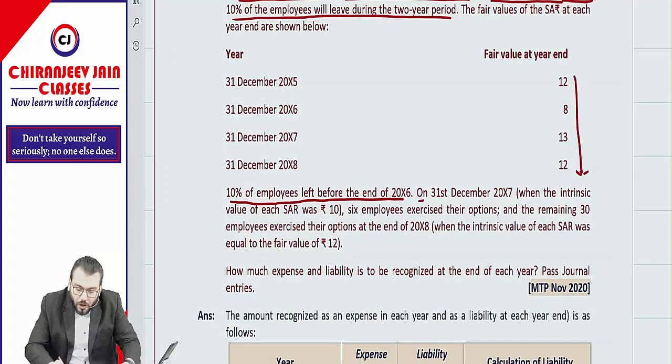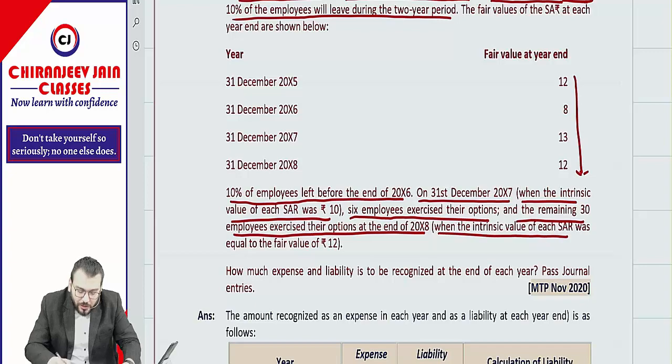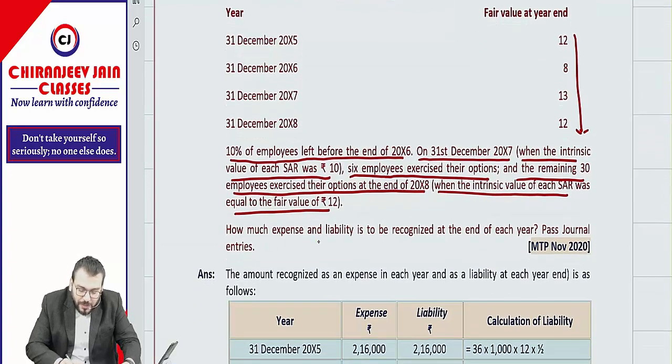On 31st December 2007, when the intrinsic value of SAR was 10, 6 employees exercised their option, and the remaining 30 employees exercised their option at the end of 2008 when the intrinsic value of SAR was equal to fair value, that is 12. How much expense and liability is to be recognized at the end of each year?